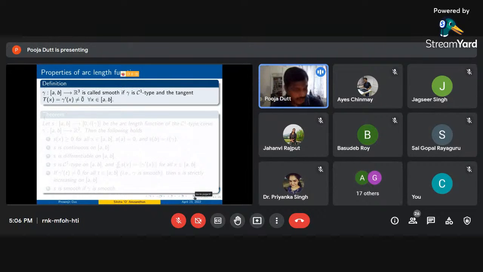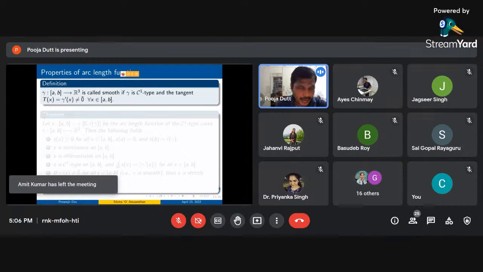We'll be discussing some properties of the arc-length function. But before that, we define what a smooth curve is. A parametric curve is called smooth if the tangent at every point is non-zero. And how is the tangent calculated? It is the derivative of the curve. So if gamma is in R2, it would look like (x(t), y(t)).